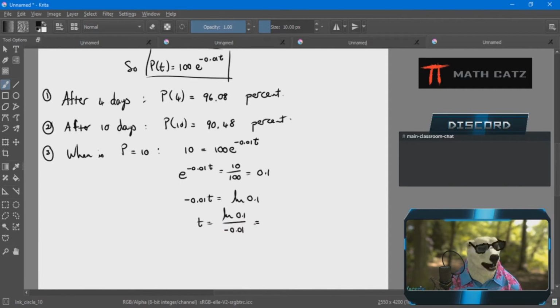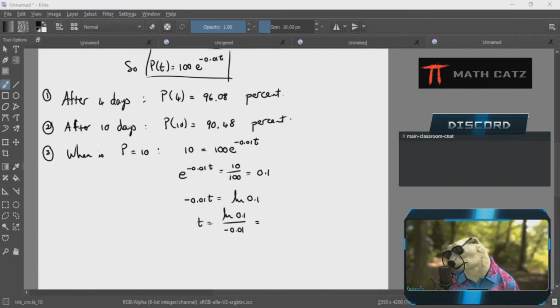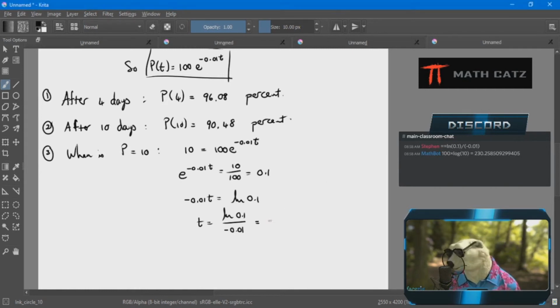Let's see when that happens. And we get 230.26, let's say.